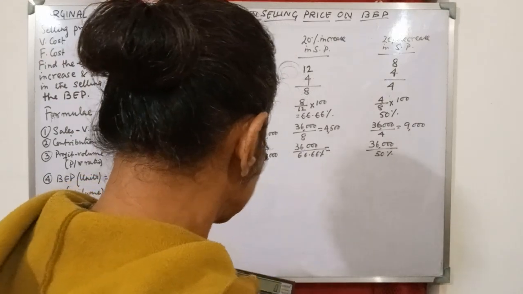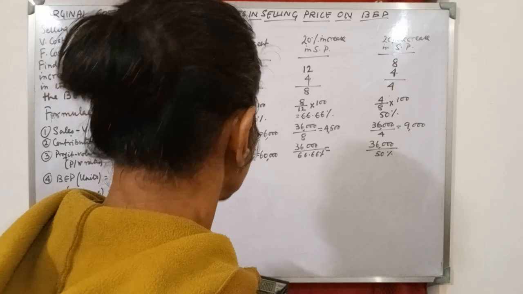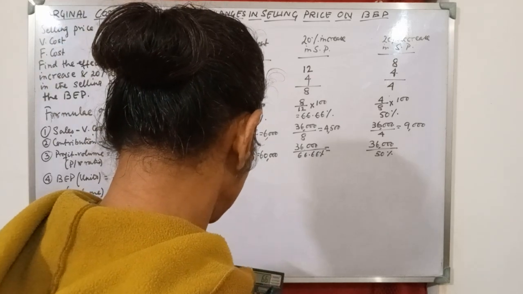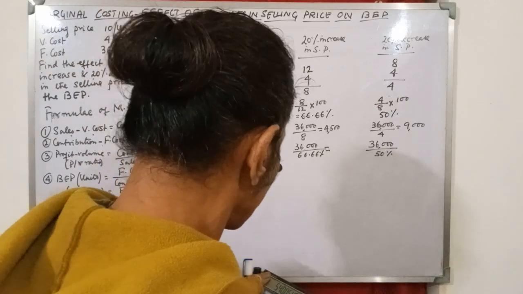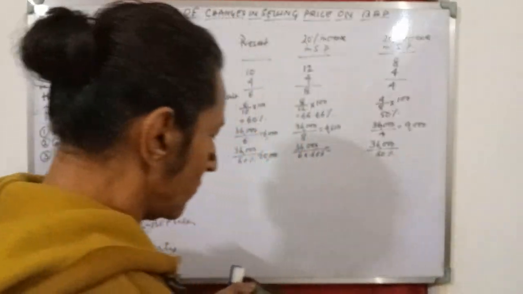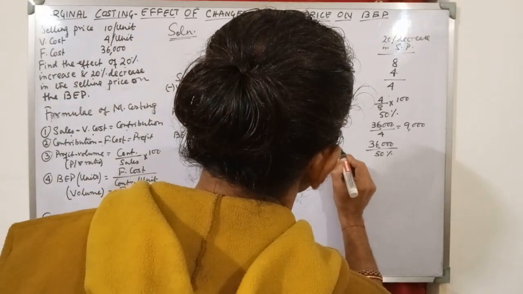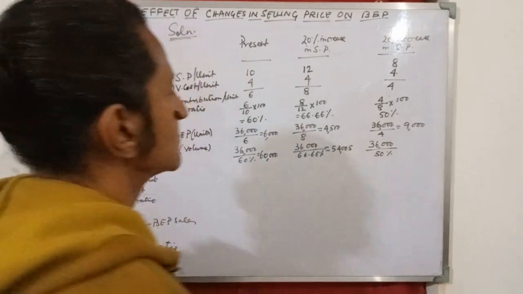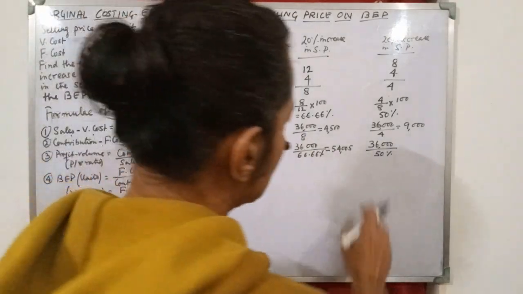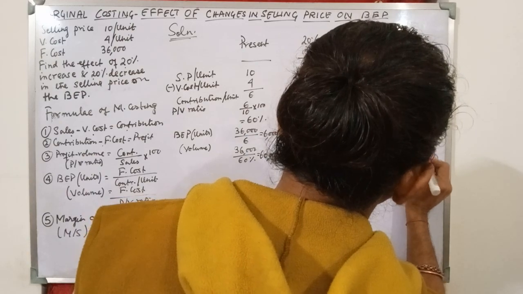This is 36,000 over 66.66%. So it is 54,005. And here 36,000 over 50% means 72,000.